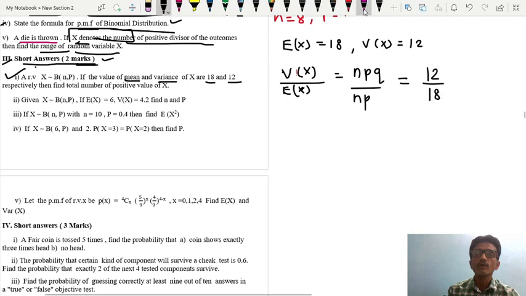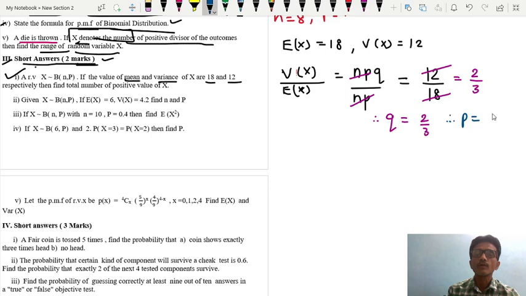So we cancel here, it is 2 by 3, and as np is getting cancelled, we get q is equal to 2 by 3. What will be p? p is equal to 1 minus q, that is 1 minus 2 by 3, therefore p is equal to 1 by 3. So we are getting p and q here.